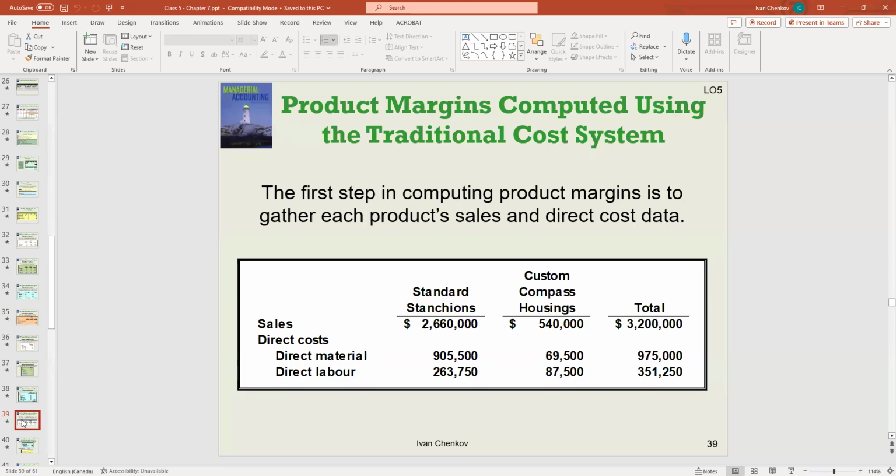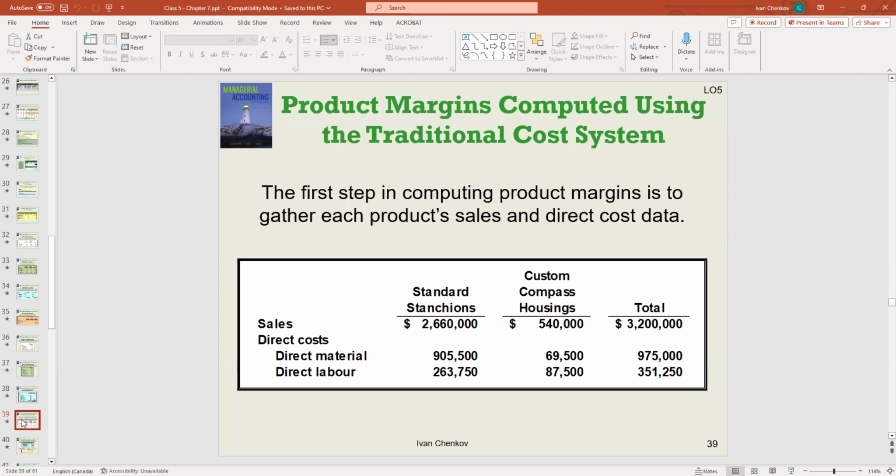Now let's try to do the same thing, but applying the traditional costing system and see what we're going to get. In the traditional costing system, we're going to split the company again into two divisions, standard sanction and custom compass. Direct material and direct labor are directly traced. There's nothing we can do about it. However, manufacturing overhead, if you remember, the manufacturing overhead was $1 million.